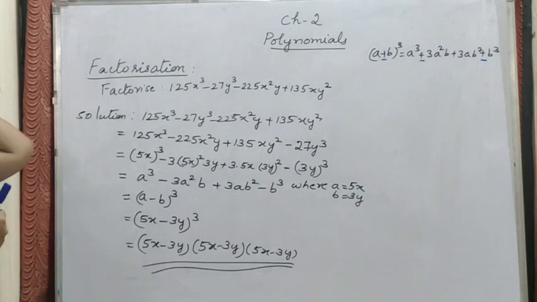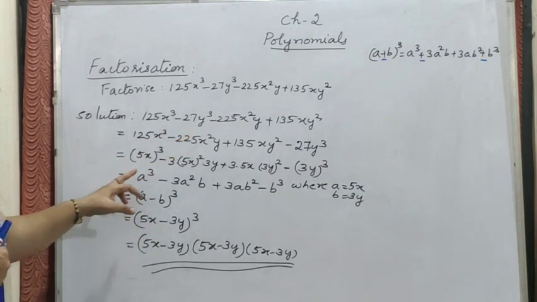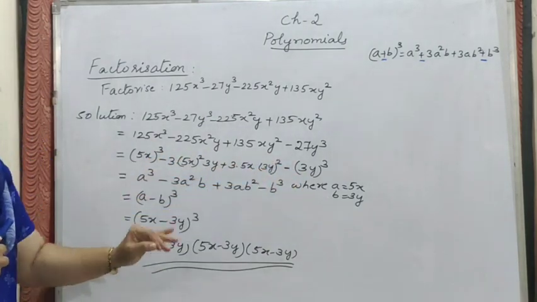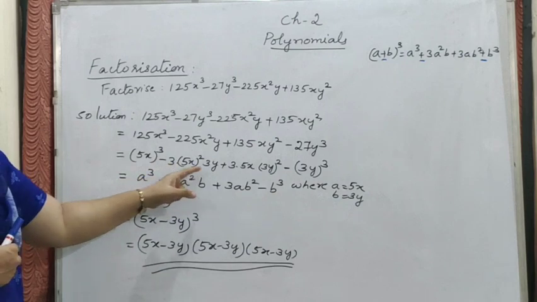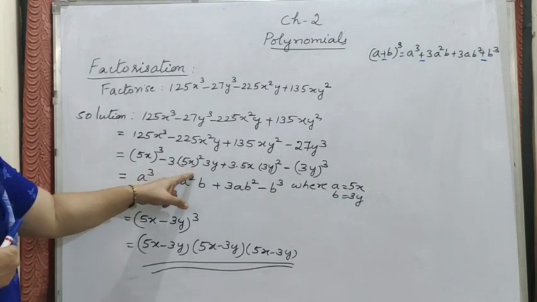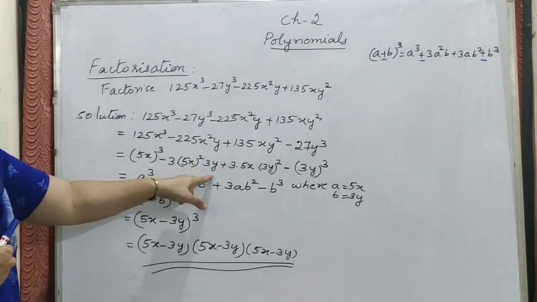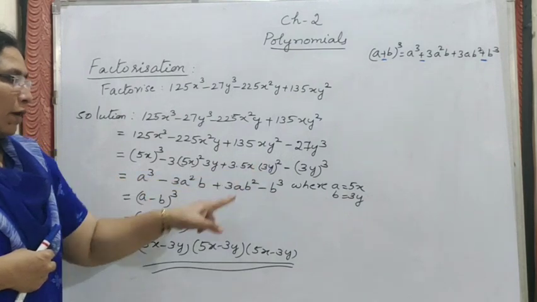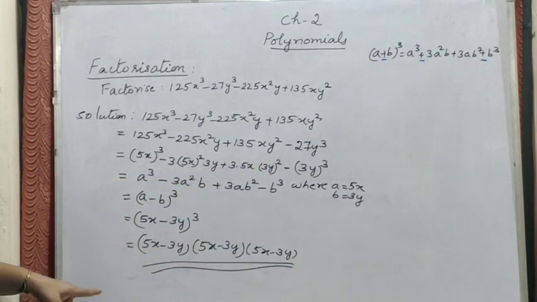The first and the last term we can identify as the cubical forms, so 5x whole cube and 3y whole cube. Then we should split the terms like this: 3 into 5x whole square into 3y, plus 3 into 5x into 3y whole square, minus 3y whole cube.